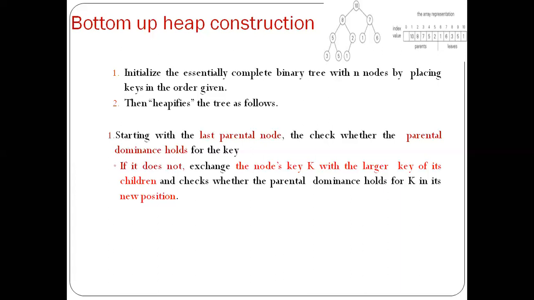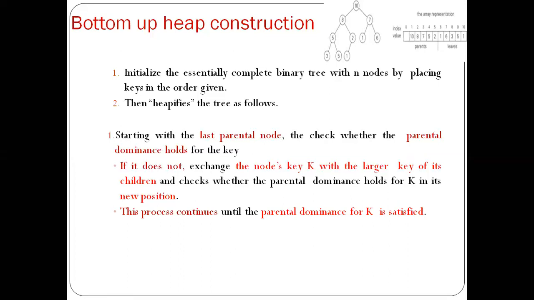And check whether the parental dominance holds for K in its new position. Now K has shifted to the position of the larger key of its children, and again whether it satisfies the parental dominance will be checked in its new position. This process will continue until K satisfies the parental dominance property.